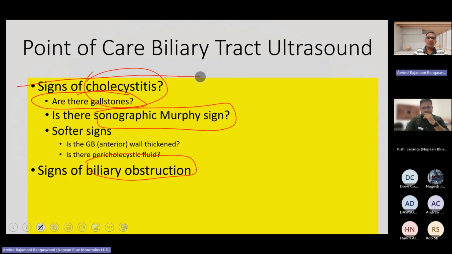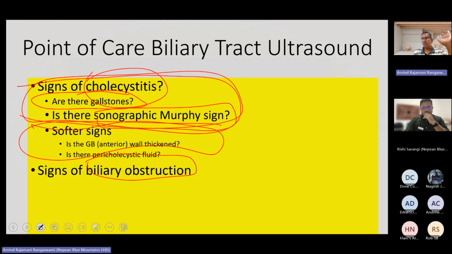So this is what you look for: the combination of these two. This is softer. You don't make any major management decision based on just the presence of the softer signs without the presence of both the hard signs. Okay. Any questions?